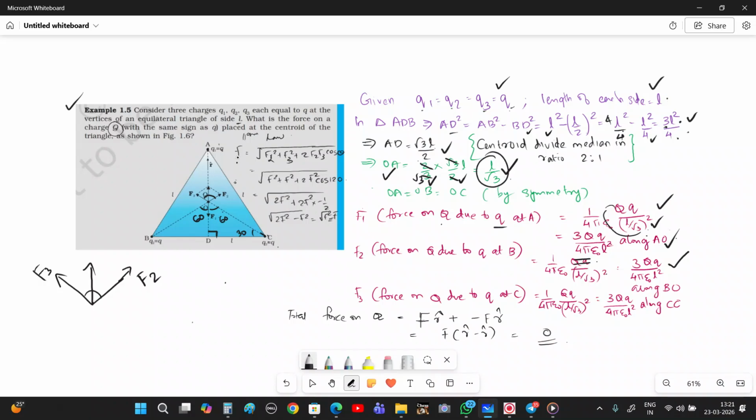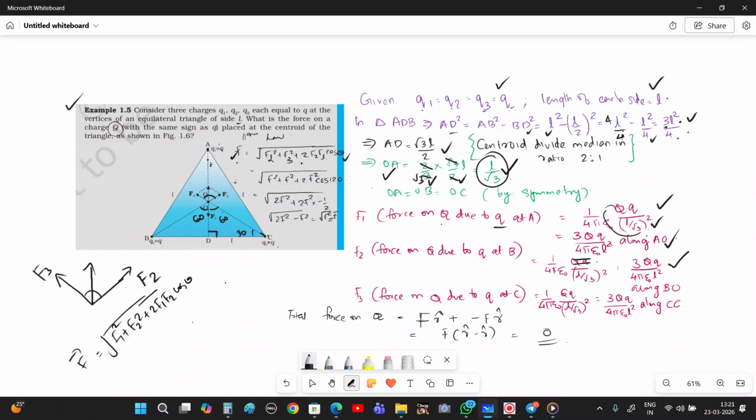The resultant force F is equal to root of F1 square plus F2 square plus 2F1 F2 cos theta. Right. So here our forces are F2 and F3. So the resultant force F is equal to root of F2 square plus F3 square plus 2F2 F3 cos theta.